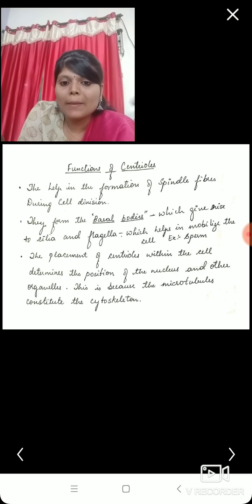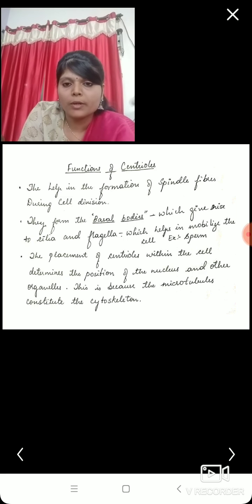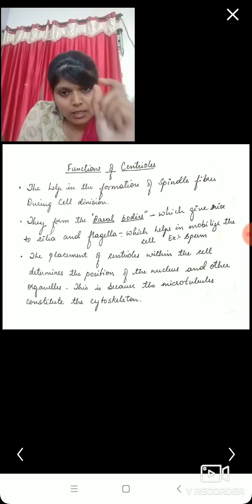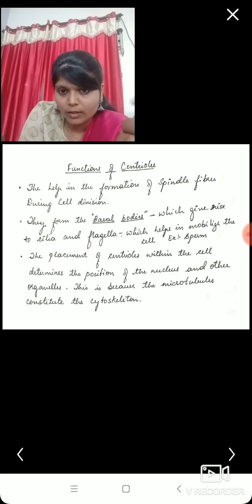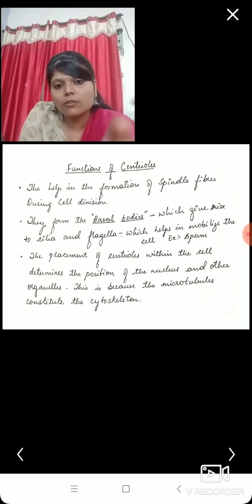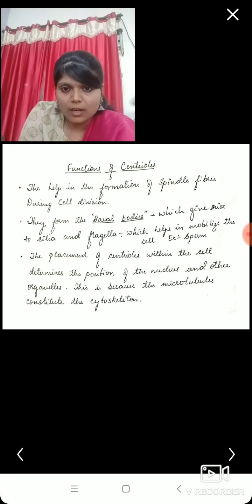They form the basal bodies. The centrosomes form the basal bodies, which give rise to cilia and flagella. This is a very important point that you all have to note down. The centrosomes or centrioles can give rise to the basal bodies, which in turn give rise to the cilia or the flagella structure. What are the cilia and the flagella?